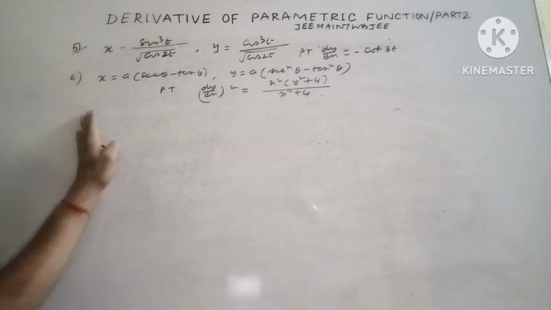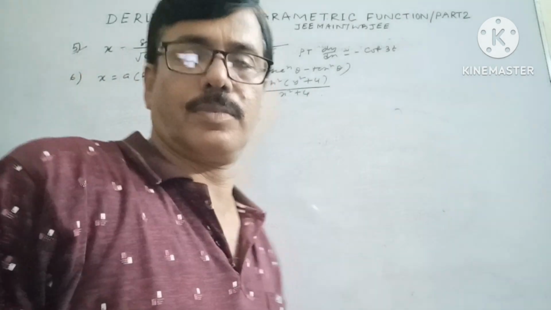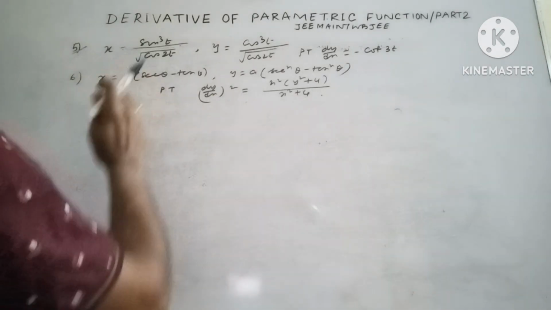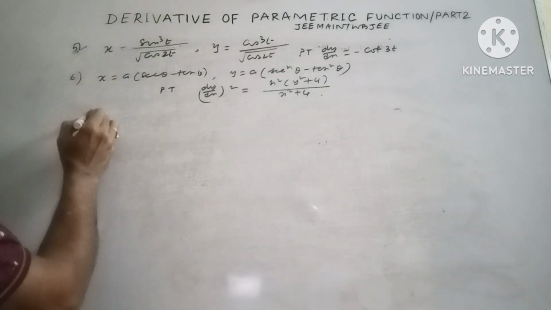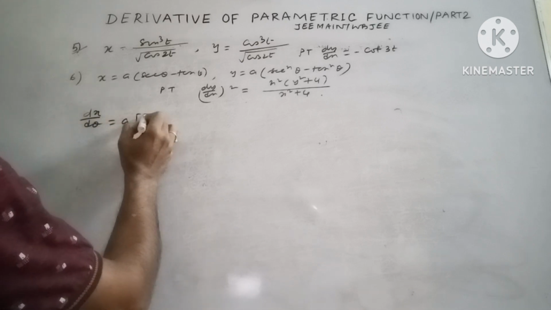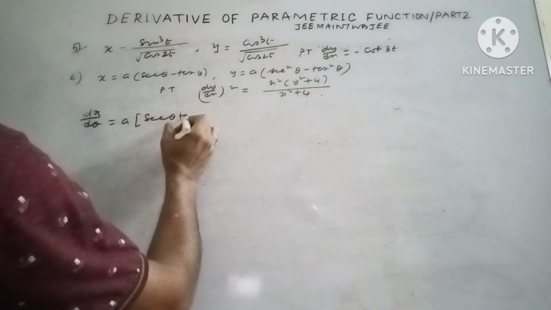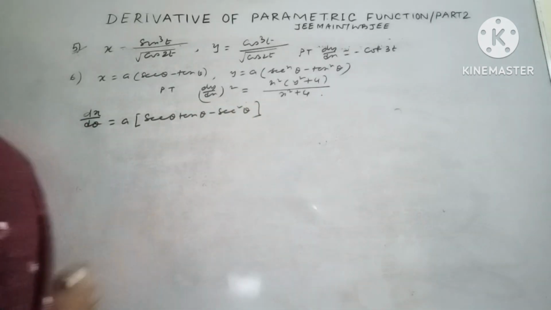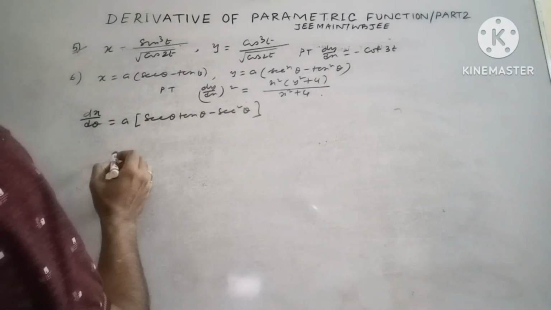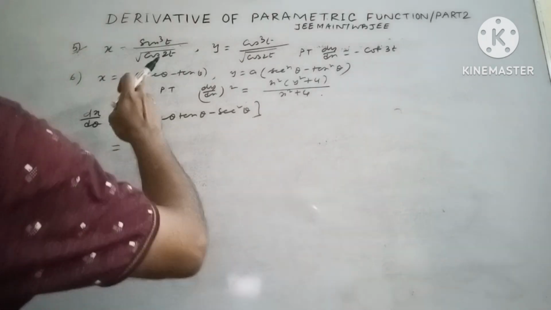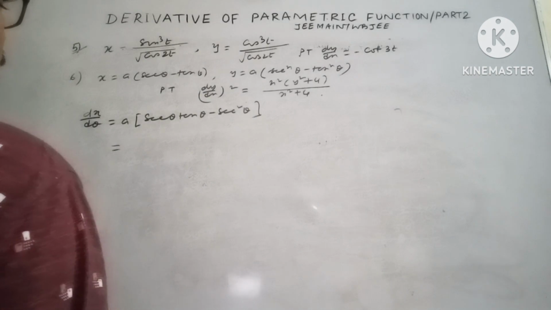Consider 6. x equals a into sec theta minus tan theta. So dx by d theta, a unchanged, sec theta tan theta minus sec square theta.